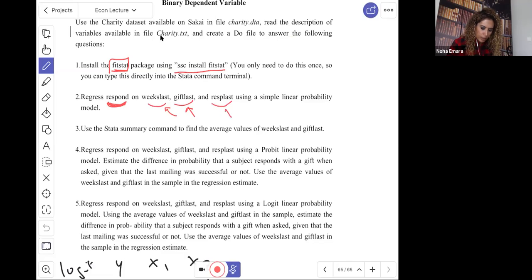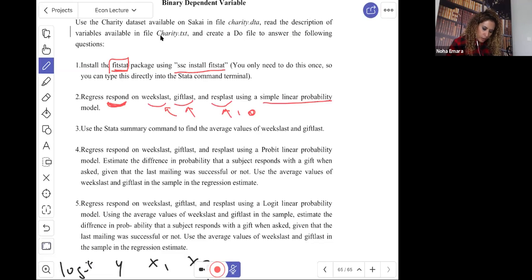Res last, which is a binary variable that takes 1 or 0. This one would take 1 if responded to the most recent mailing, and 0 if not. And here I just need a linear probability model. This one would be a simple regress command, as I'm going to show you.